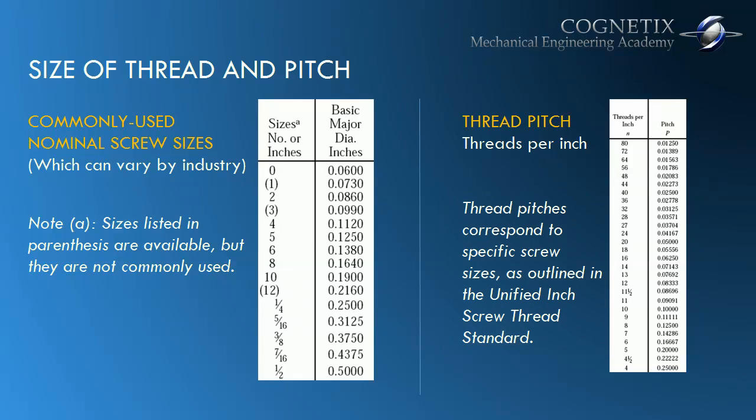Looking at, let's say, 14, which is not very legible to you perhaps, 14 corresponds to 14 threads per inch, which has a spacing from thread to thread of about 71 thousandths of an inch.